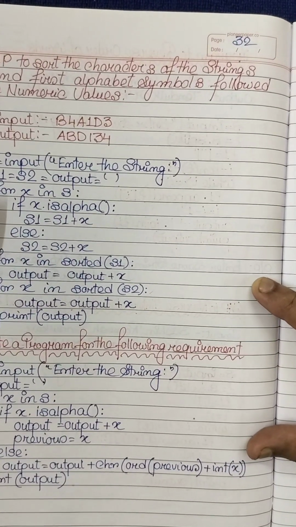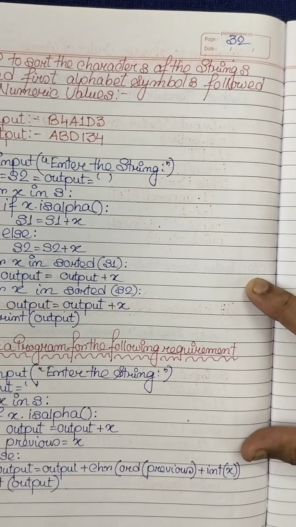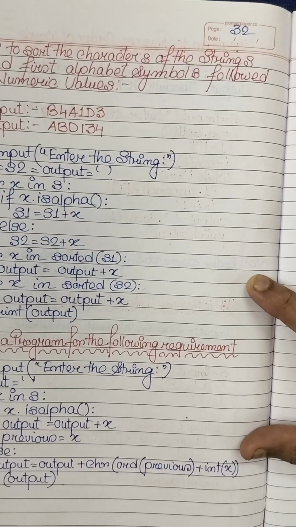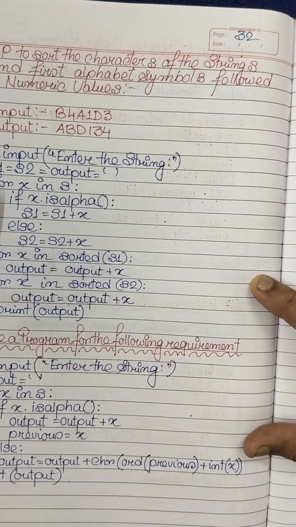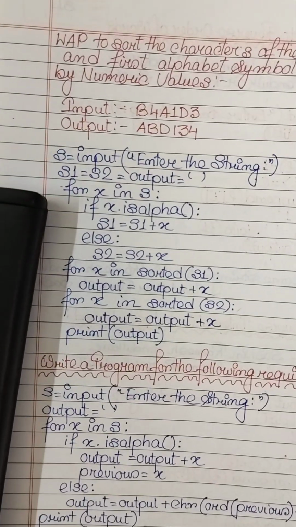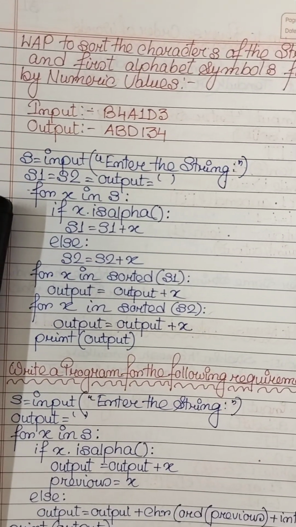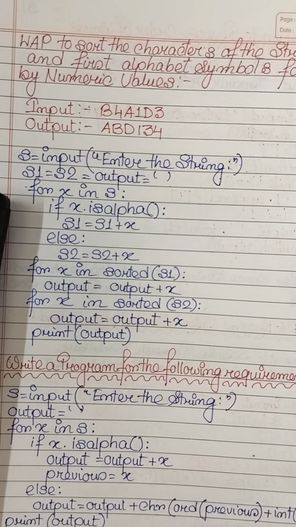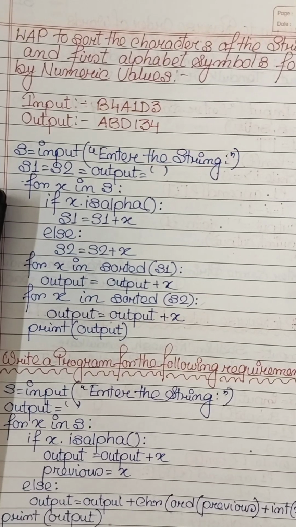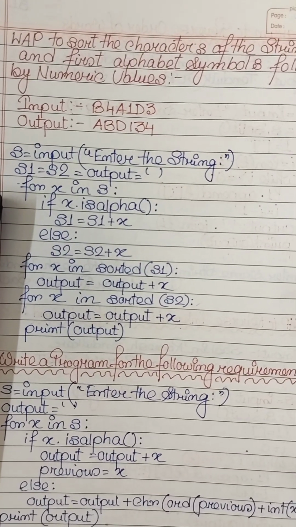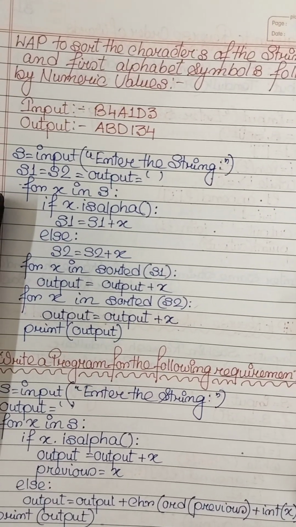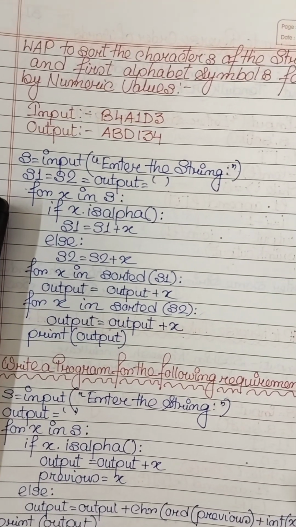That means if I input B4A D3, it will be constructed as ABD34. Okay, s is equal to input, enter the string. S1 is equal to empty, S2 is equal to empty, output is equal to single inverted comma empty string.